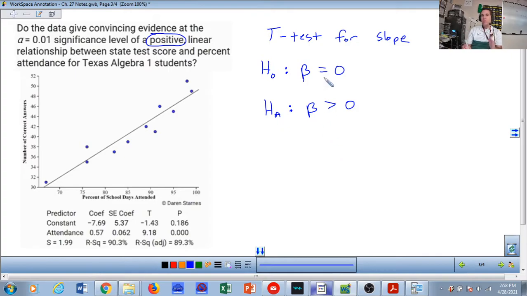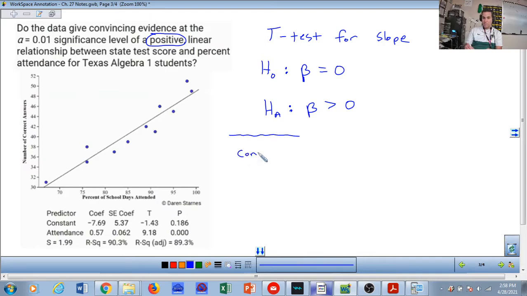The null is usually always going to be equal to 0, and your alternative will be greater than, or it could be less than, or it could be just not equal, depending on what they ask you in the problem. So since they said prove it's a positive relationship, I'm going to prove it's greater than 0. There's your hypothesis. Done. Make sure you use the beta symbol, capital B with the tail on the bottom here.